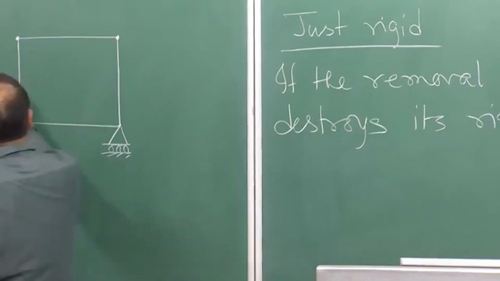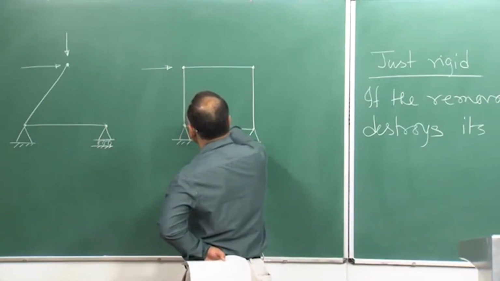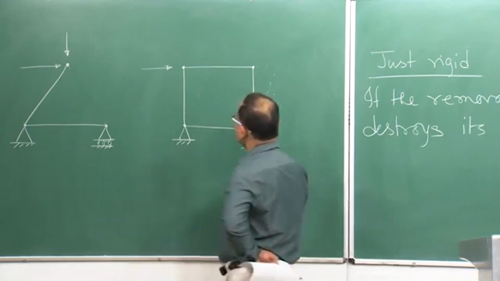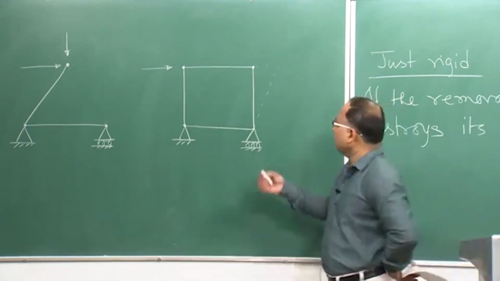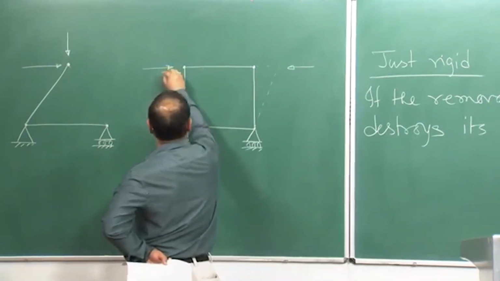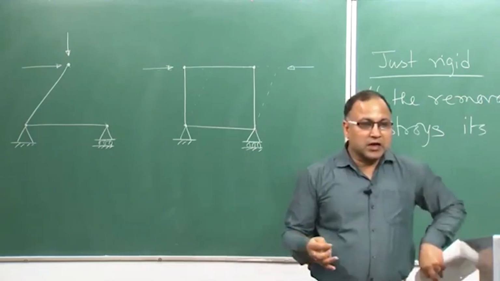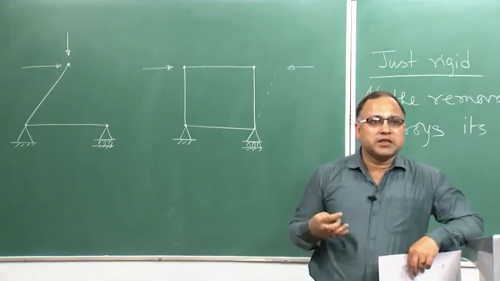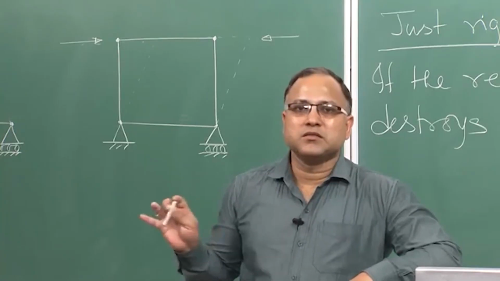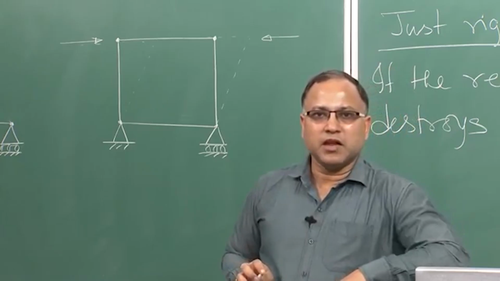What will happen if I apply load in this direction? This will try to sway in this way, or if you apply a load in this direction, it will try to sway in this direction. So, under the action of the externally applied load, this will not be stable. That is why this system is not a rigid system.